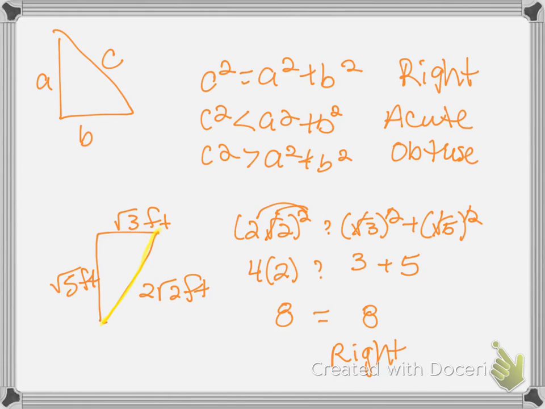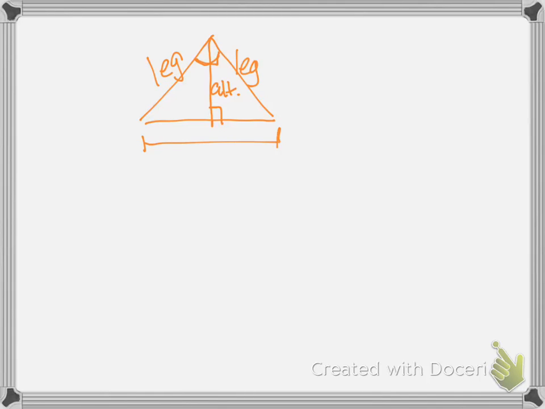The next section I think a lot of people struggled with was the similarity in a triangle. So if this is your right triangle, this is a leg, this is a leg, this is the altitude, this is your hypotenuse, this is a segment, this is a segment.